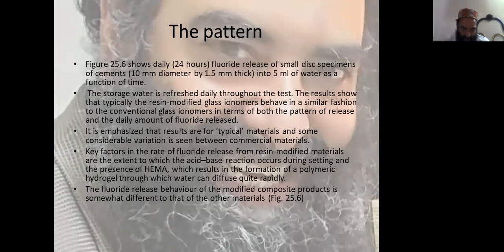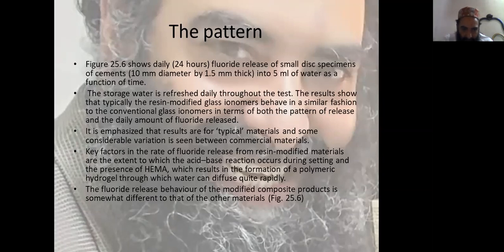Results show that typically the resin modified glass ionomer behaves in a similar fashion to the conventional glass ionomers in terms of both the pattern of release and the daily amount of fluoride released. It is emphasized that results are for typical materials and some considerable variation is seen between commercial materials.